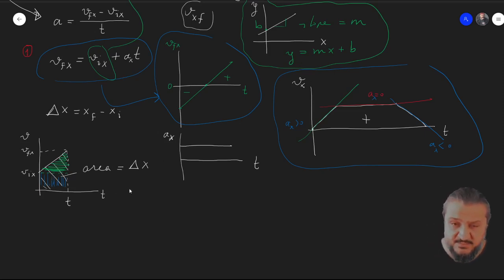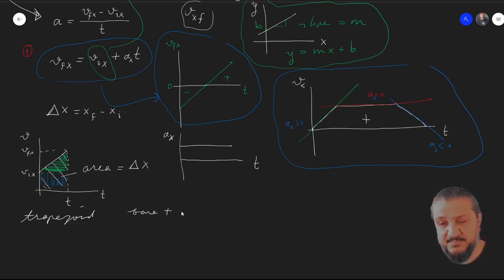So let me show you both from a trapezoid, let's say. Area of a trapezoid, which is base plus top over 2, multiplied by the height.